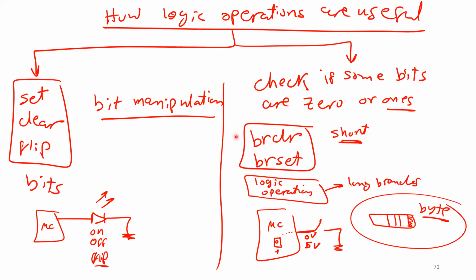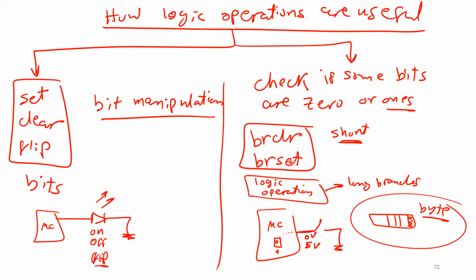We can also use the logic operations to do something else: to check if some bits are zeros or ones. Remember, we did something like this before. You remember when I explained branch if clear, branch if set?